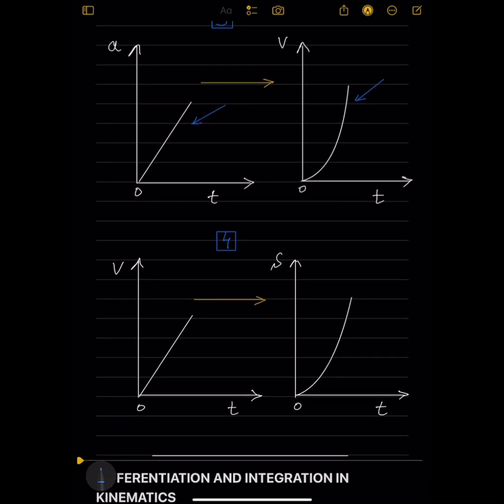If the velocity time graph on the left side is an inclined line, then the related displacement time graph will be a quadratic curve. You can see this is a quadratic curve.